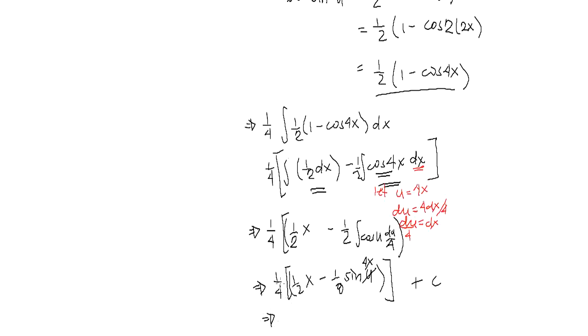We can now distribute the 1/4. Then 1/4 times 1/2 is 1/8 x, minus 1/4 times 1/8, which is 1/32, times sine 4x.